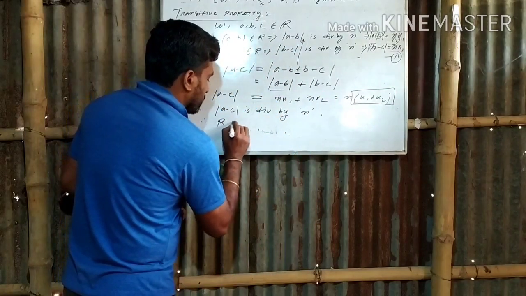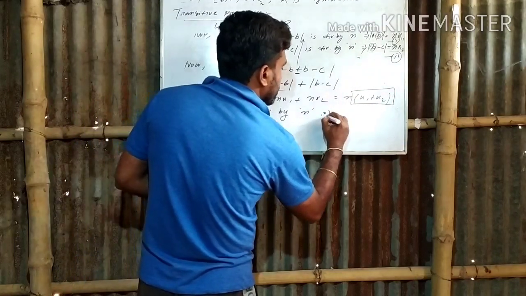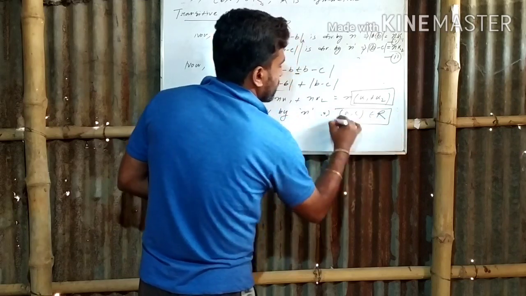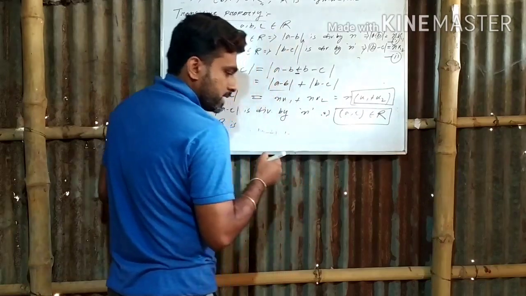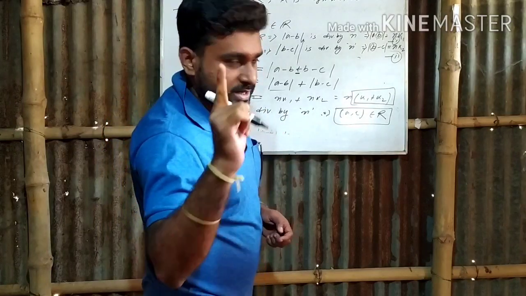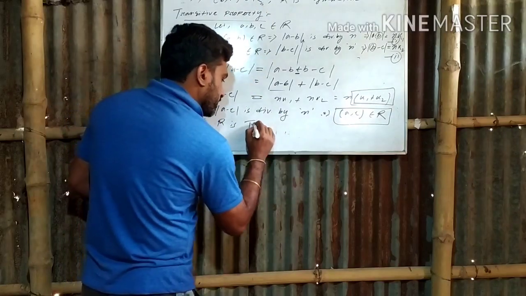So this implies that A comma C belongs to R. That means we can construct a relation between A and C, that is, the ordered pair A comma C belongs to the relation set. So R is transitive.